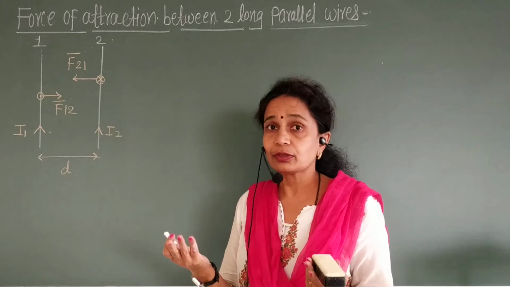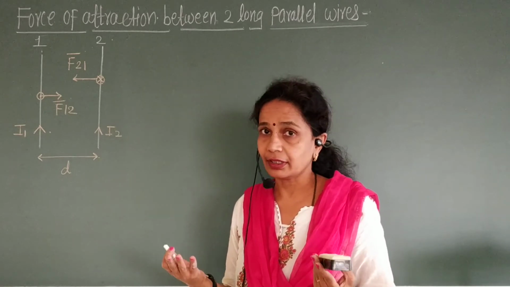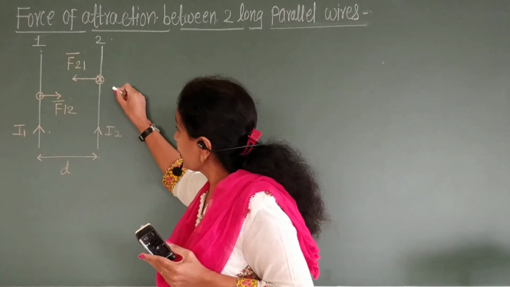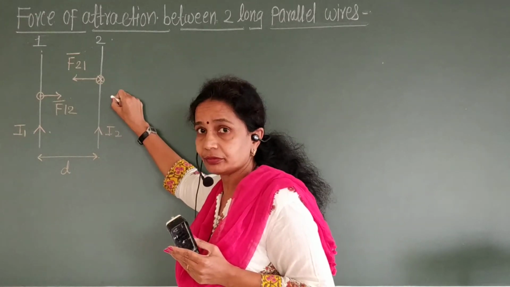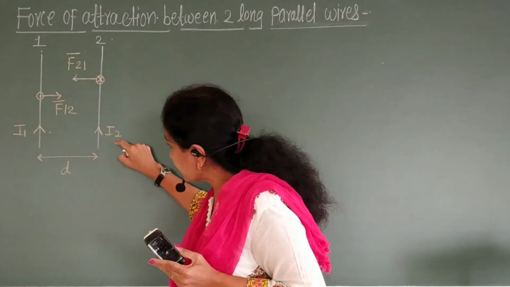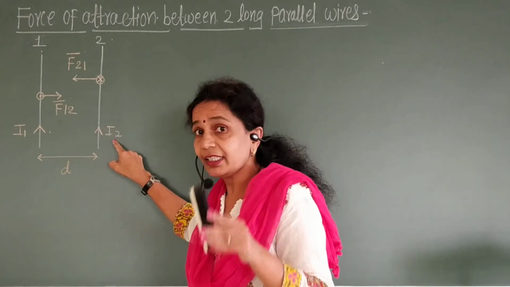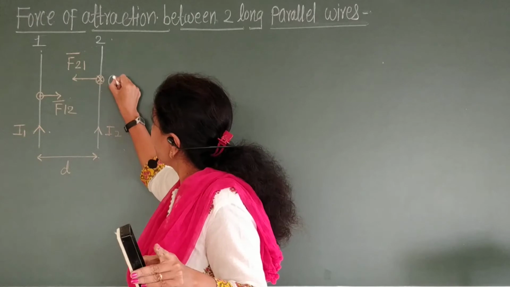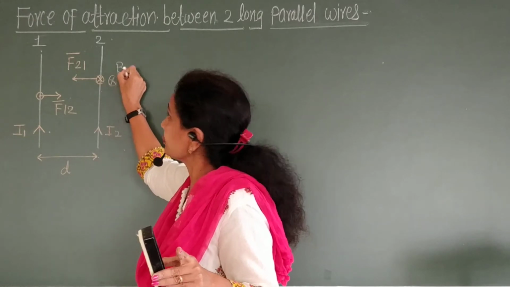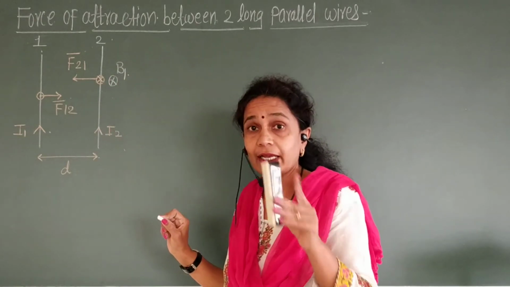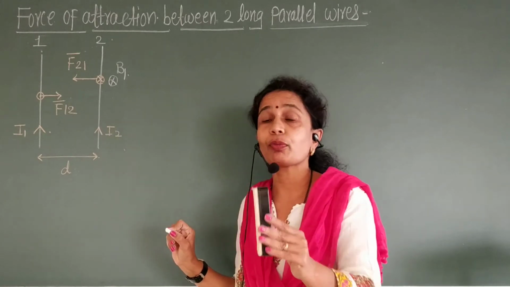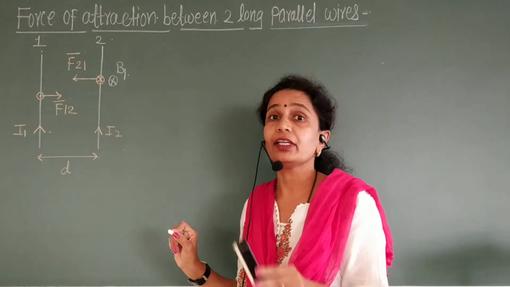As both the wires are current carrying conductors, the second wire, which carries the current I2, is in the magnetic field B1, and the direction of the magnetic field is inward.